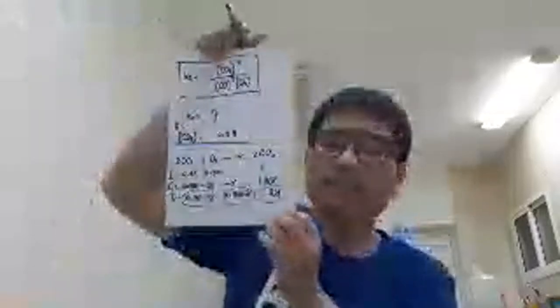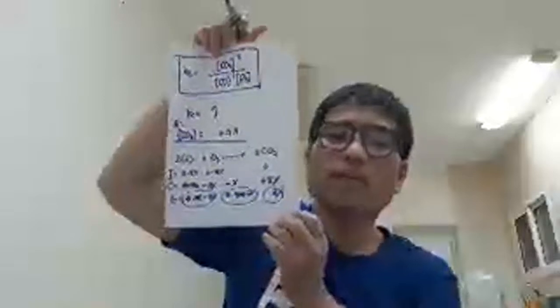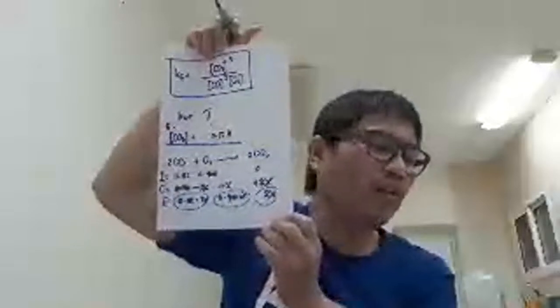And then Kc. Here we will substitute now in this equation, one by one. But take note, our equilibrium concentration of CO2 is 0.15 already.